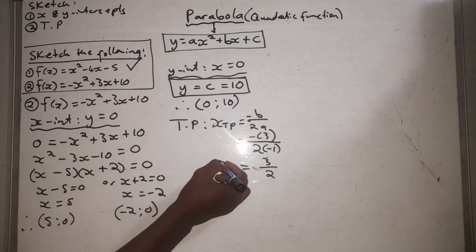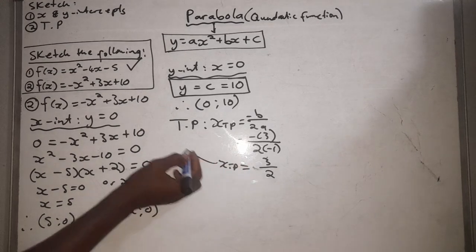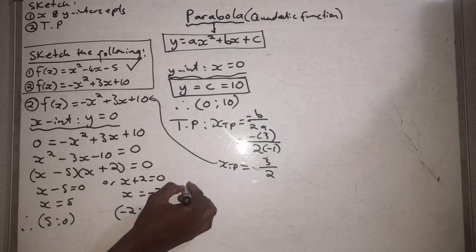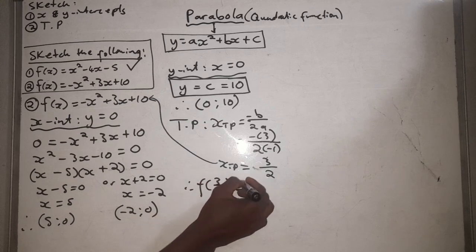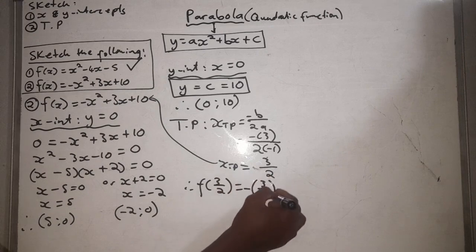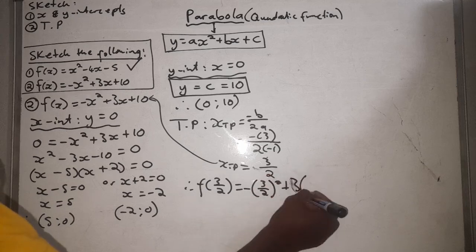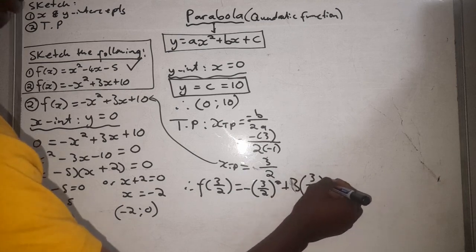Now we have the x_tp, or the x value of the turning point. Just plug it back into the original equation. Then it's going to be f at 3 over 2 equals negative 3 over 2 squared plus 3 times 3 over 2, then plus 10.